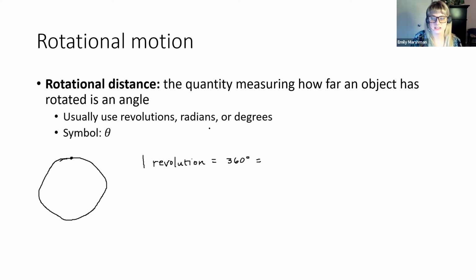And in radians, which is a ratio of the arc length divided by the radius, this would be 2 pi radians.